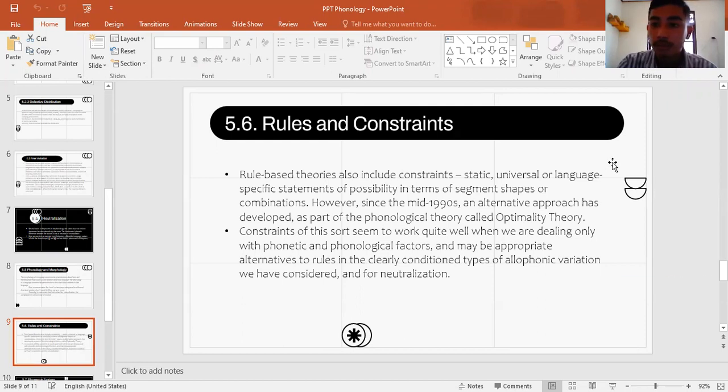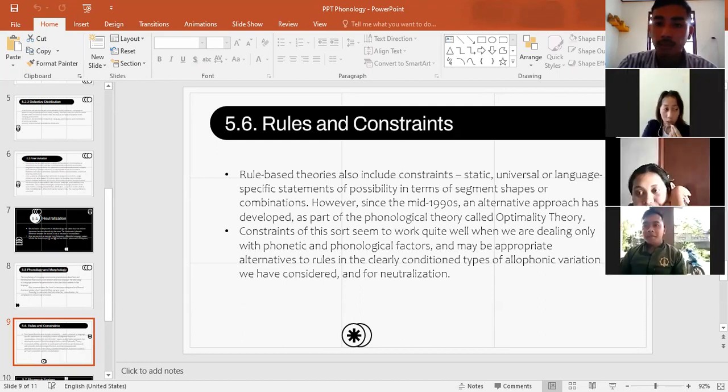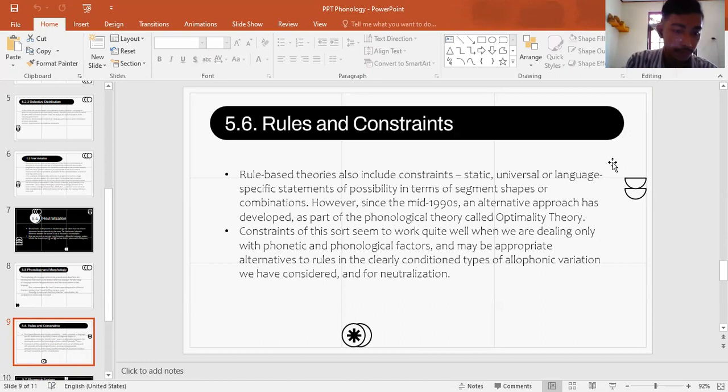Okay. The next material is rules and constraints. Most interaction of phonology with morphology, the part of linguistics which studies how words are made up of meaningful units like stems and suffixes, is beyond the scope of this book.